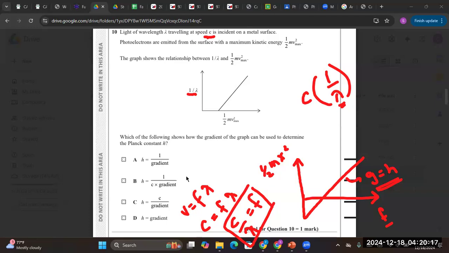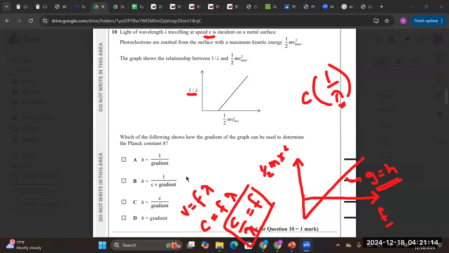Kinetic energy is going to be on the x-axis and this is on the y-axis. So, we have this 1 upon lambda.